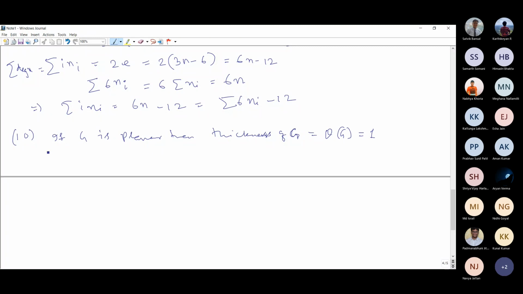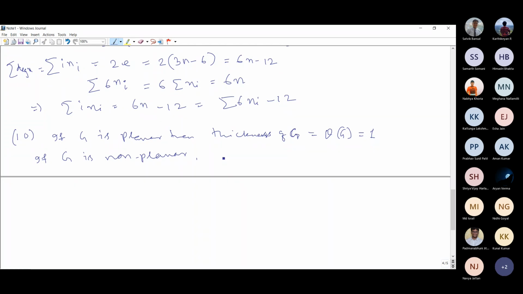And if G is non-planar, then you decompose G into planar subgraphs. In that decomposition, you should have the minimum possible number of planar subgraphs.